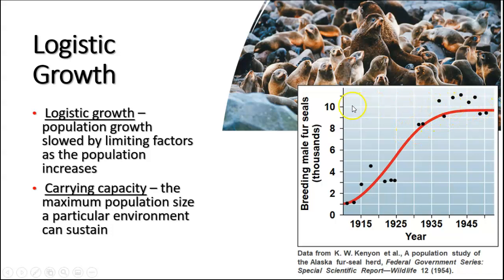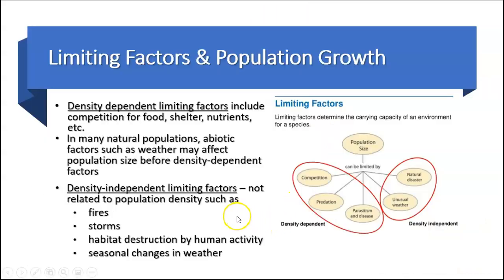And the value of whatever the limiting factor is, that's called the carrying capacity. That's the maximum population size that a particular environment can sustain long term. Generally speaking, populations have a tendency to even out like this unless they've got unlimited resources.